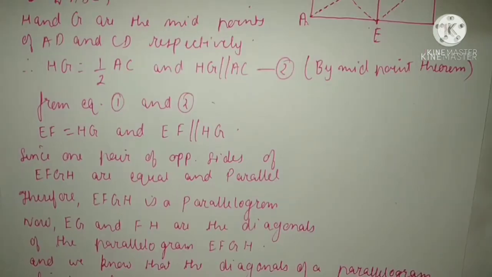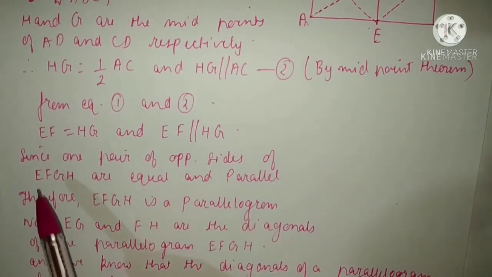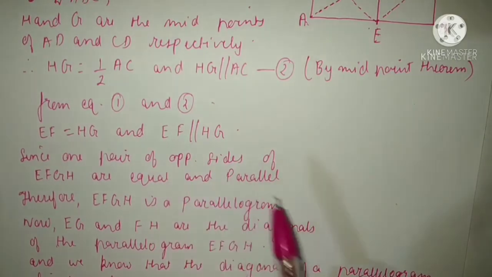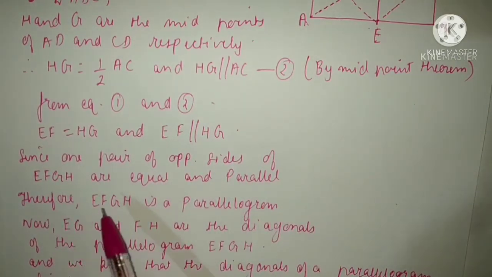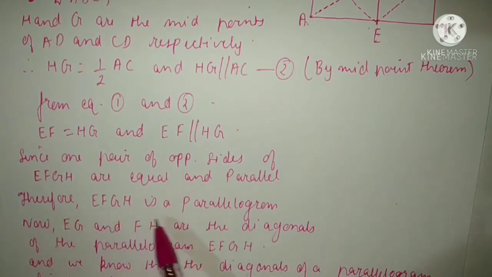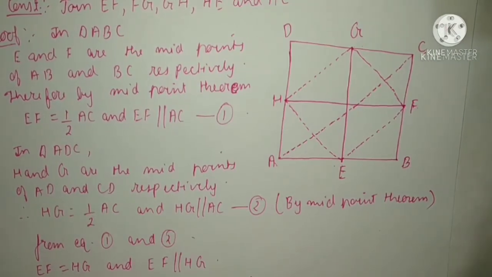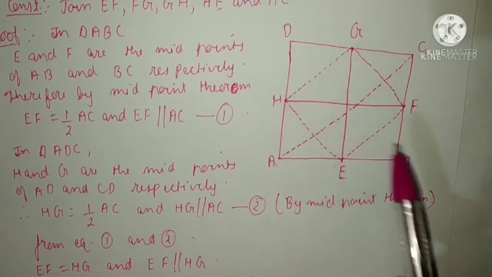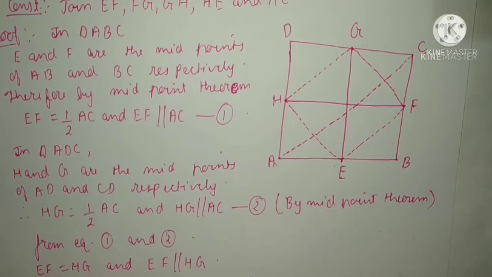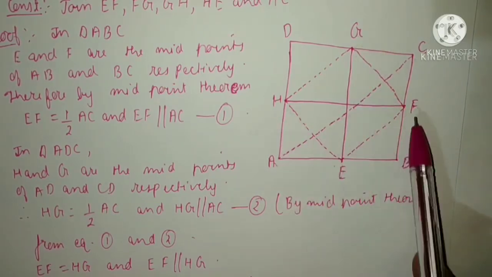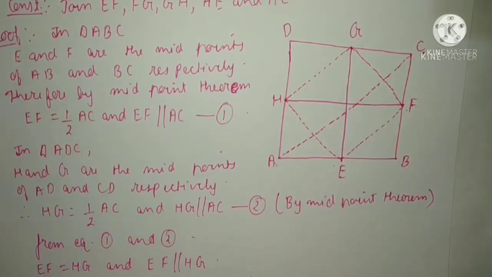So in this we will write, since one pair of opposite sides of EFGH are equal and parallel, therefore EFGH is a parallelogram. Now see, if EFGH is a parallelogram, then EG and HF are the diagonals of this parallelogram.